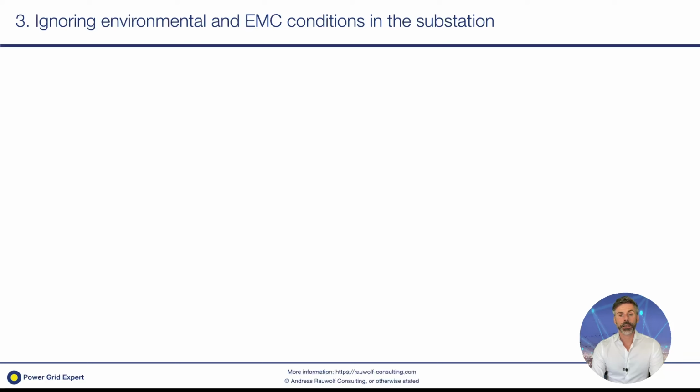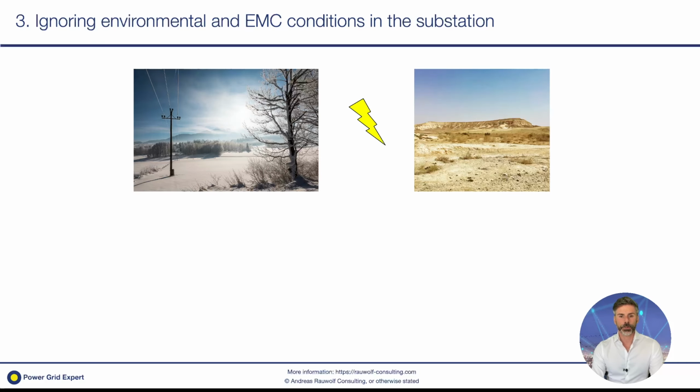Ignoring environmental and EMC conditions in the substation. We are talking about substations out in the nirvana, out in the desert, out wherever the climatic conditions are harsh. We are talking about a worst case of -40 to +50 in the environment. So be sure that inside the substation, it's getting even much hotter. The devices you install there have to meet these criteria.